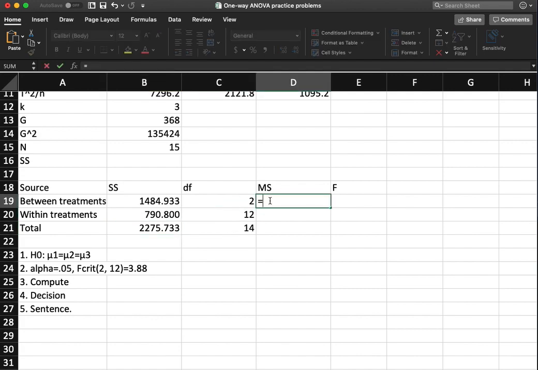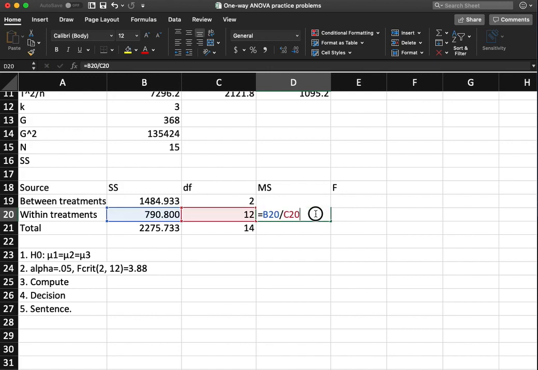Mean square should equal sum of squares over the appropriate degrees of freedom. So mean square between treatments is sum of squares between treatments divided by degrees of freedom between treatments. And if you copy and paste this, what you'll get is sum of squares within treatments divided by degrees of freedom within treatments.